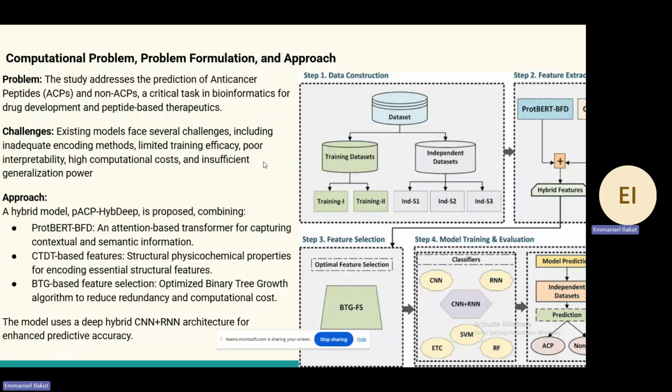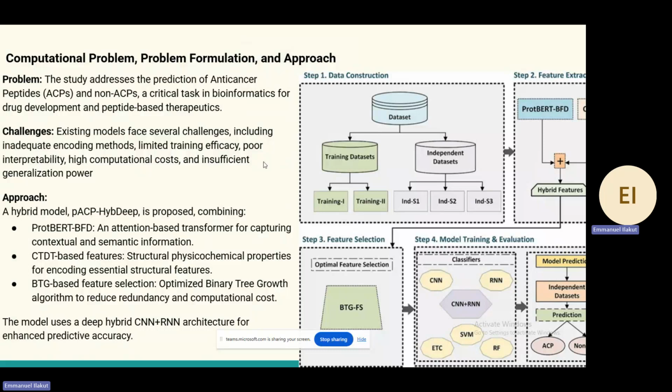Now, the approach that is used here is ProtBART, which is basically a word encoding technique used to contextualize information and understand relationships between words and text. So they try to contextualize or understand the relationship between the different peptide sequences.